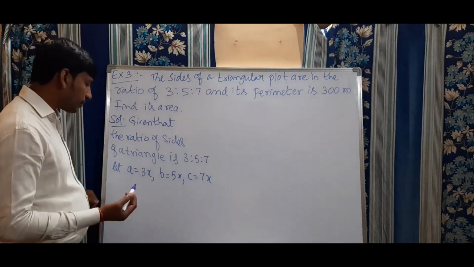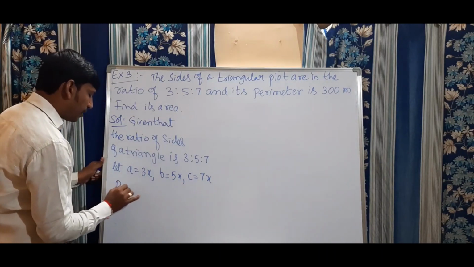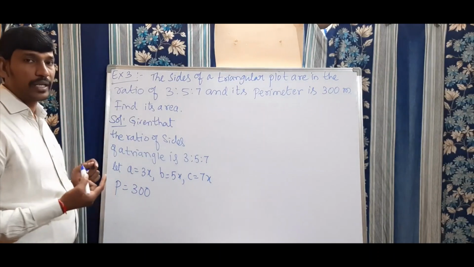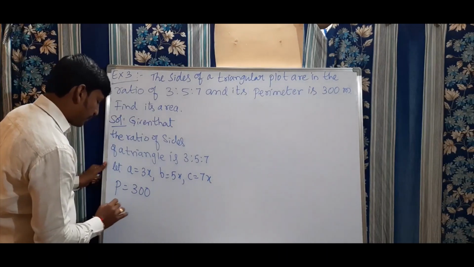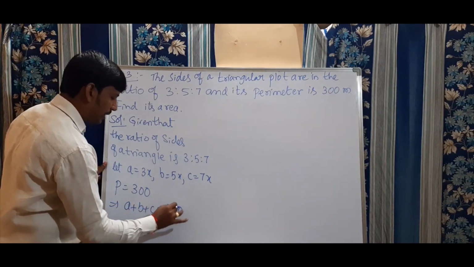Okay. Now they have given the perimeter P is equal to 300 meters. So what is the P here? P is nothing but a plus b plus c. Okay. Now this implies a plus b plus c is equal to 300. Right?